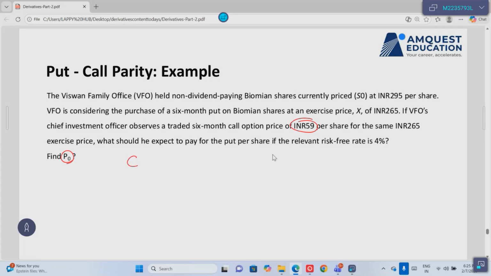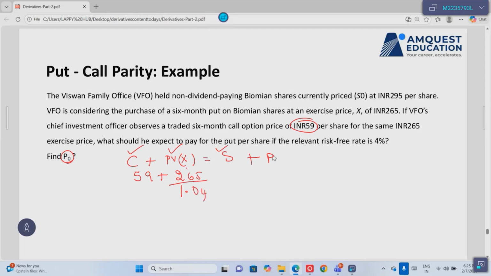It is C plus PVX equals S plus P, right? You have C, you have PVX, you have S, correct? 59 plus, what is X? 265. 265 divided by 1.4%.